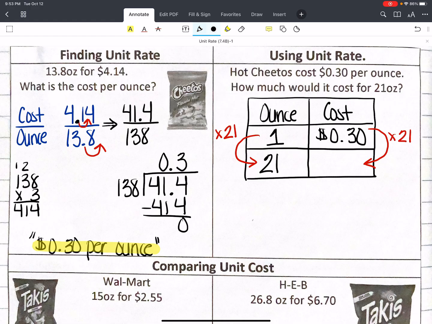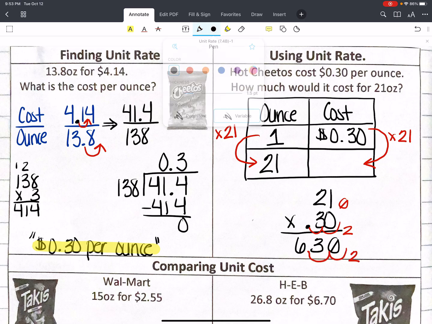Now this is letting me know all I have to do is take those 21 ounces and multiply it by the 30 cents per ounce. I get 630, but don't forget about those decimal spaces. There's none in your first factor and 2 in your second. So that's a total of 2 decimal spaces you're moving your decimal point, giving me my answer of $6.30 for that bag of 21 ounces of hot Cheetos.